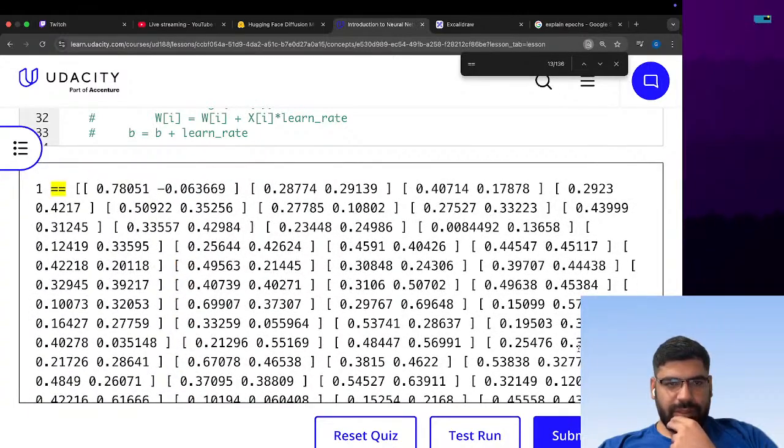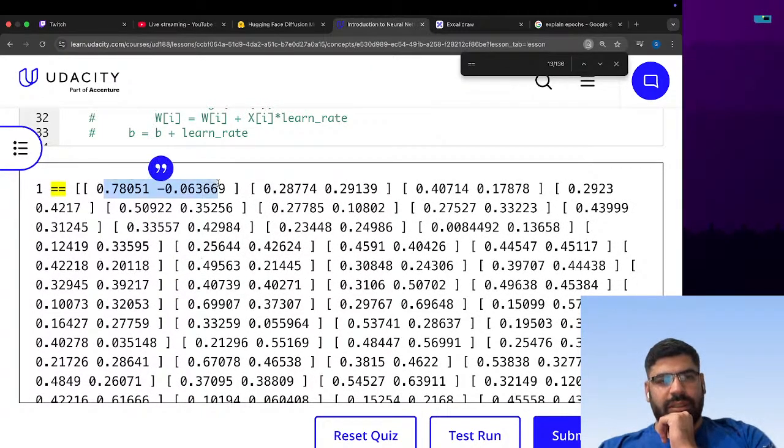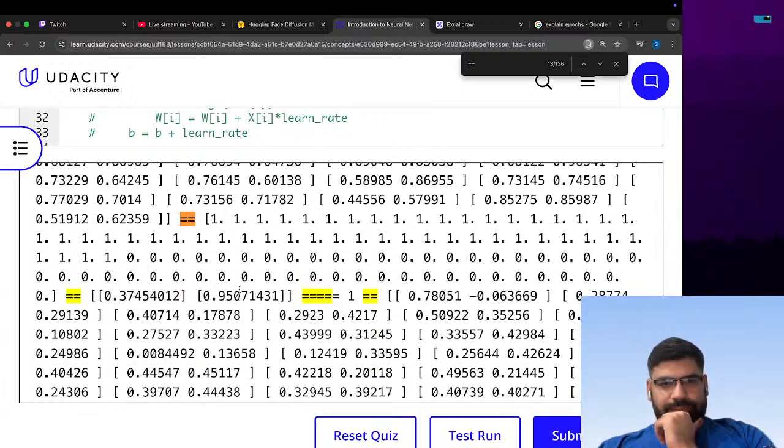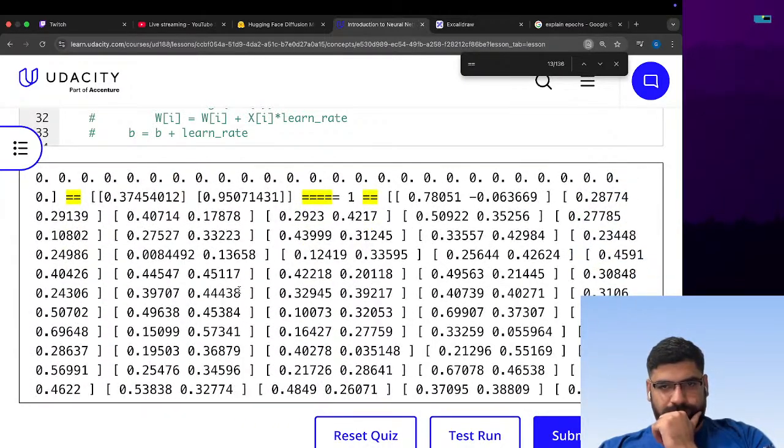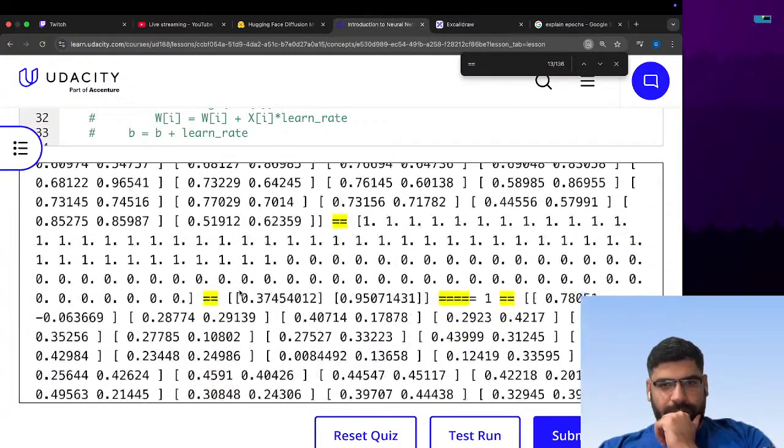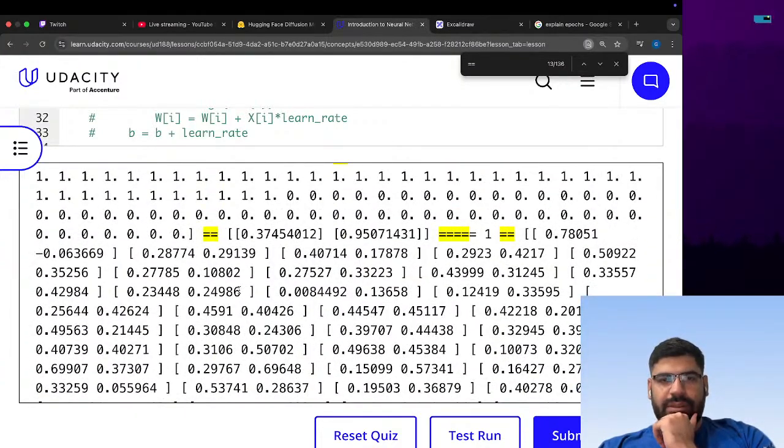Why is the prediction this way? 0.7, this. Is the prediction always one?